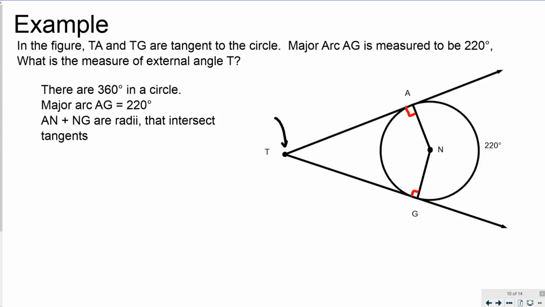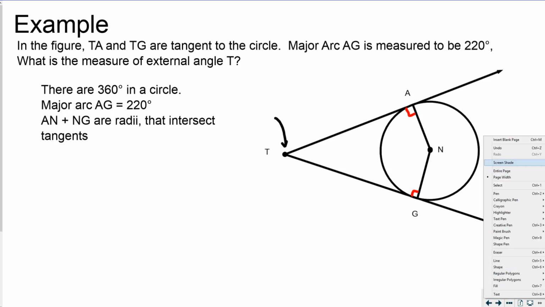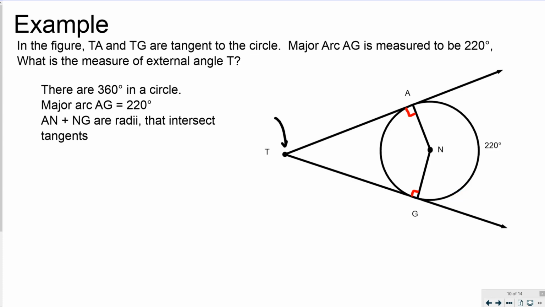The next thing that I know is I'm going to use the 360 degrees in a circle, and major arc AG is 220.